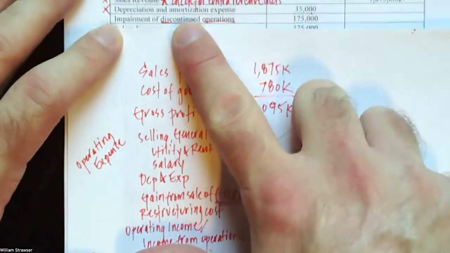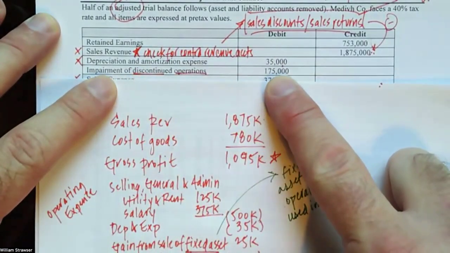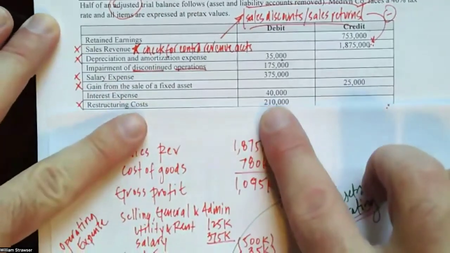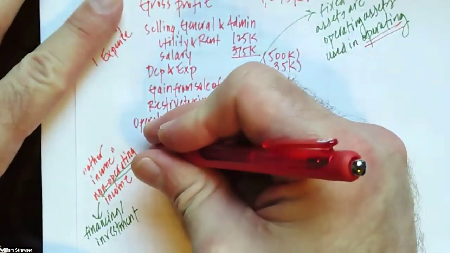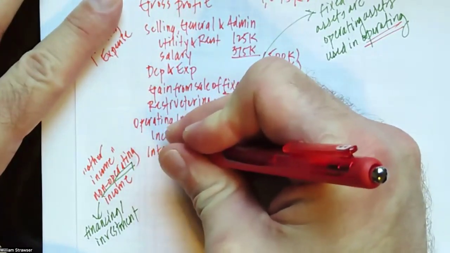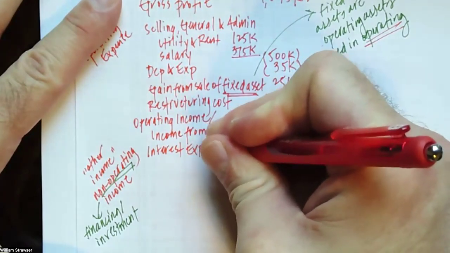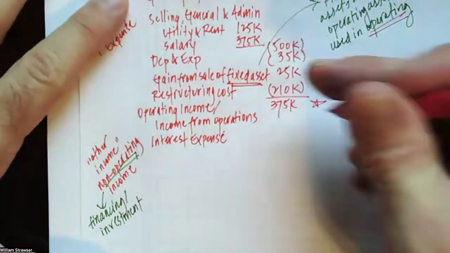The discontinued operations, this is not going to be a portion now because we're still working with the continuing operations of the company. At this point, the interest expense does get put down in this other income area simply because interest expense would indicate a cost that arose from financing by borrowing money, 40,000.